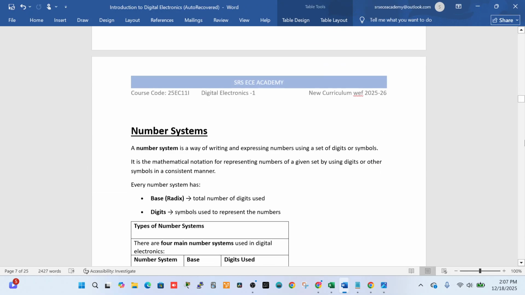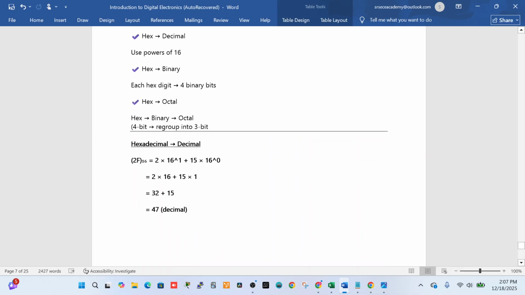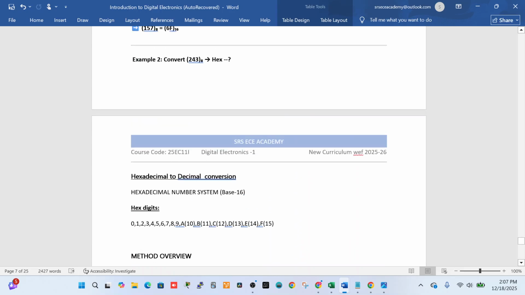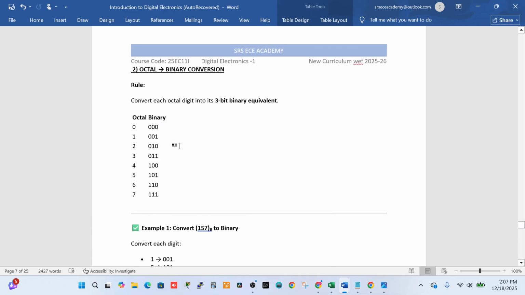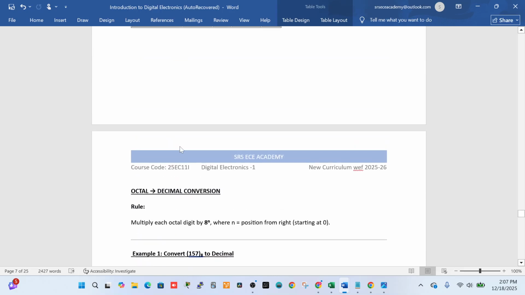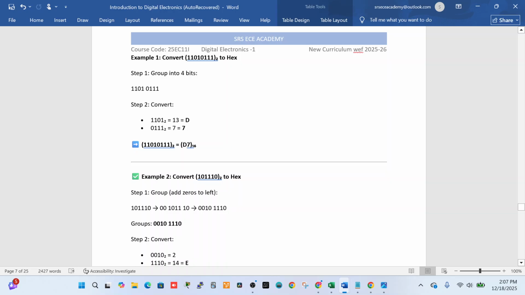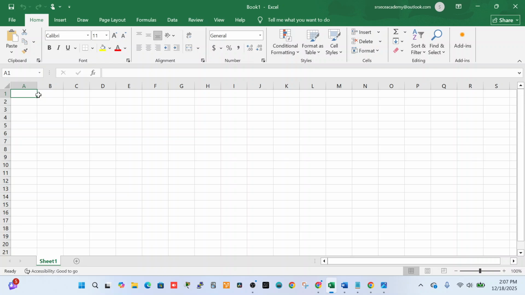See, you make a table. Just go to your Excel sheet. Here you write down the number system.